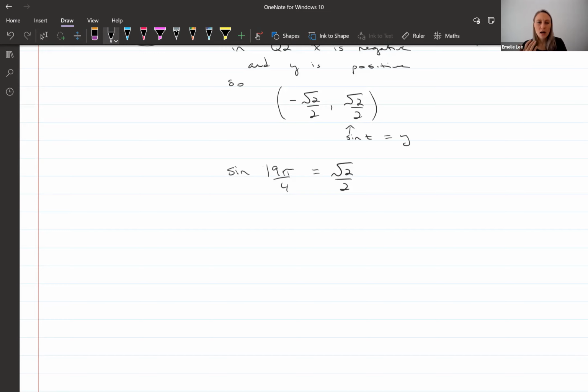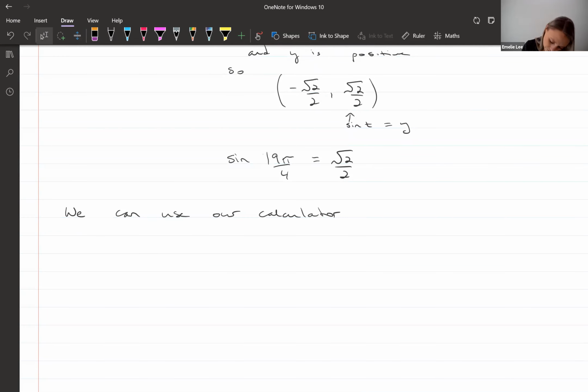And so a lot of these problems that we do are just going to be in multiples of pi over 6, 4, 3, 2. But we should talk about how to use your calculator. So we can use our calculator for some calculations.